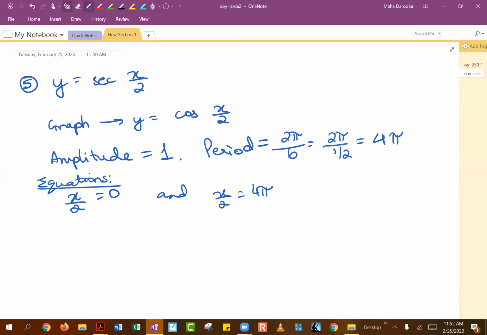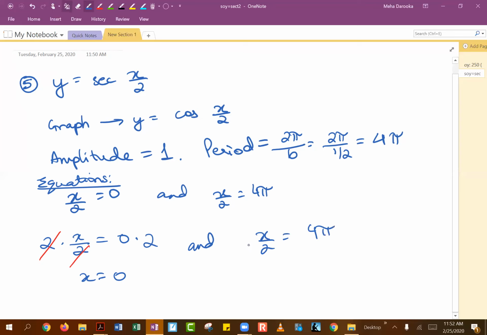So what's your x value from that first equation? And from the second one, 8 pi, yeah. Because your b value changed the period of the function, right? So you have to see specifically for this function what the period is and then set it accordingly. Okay, good question.